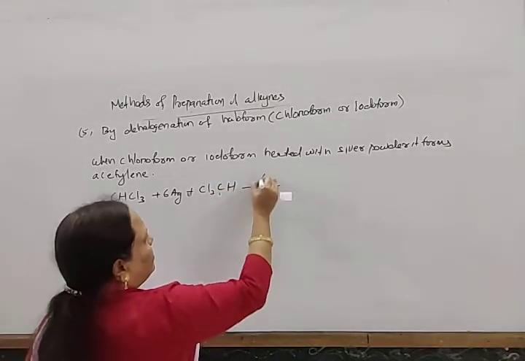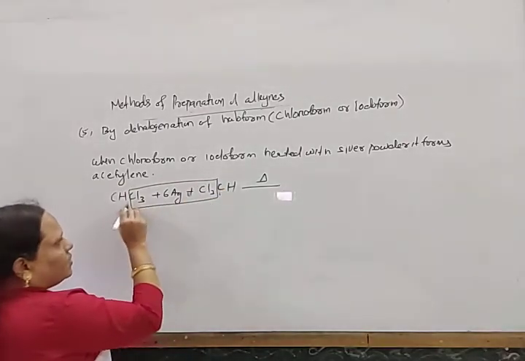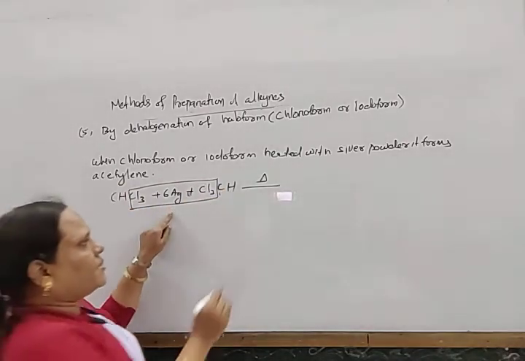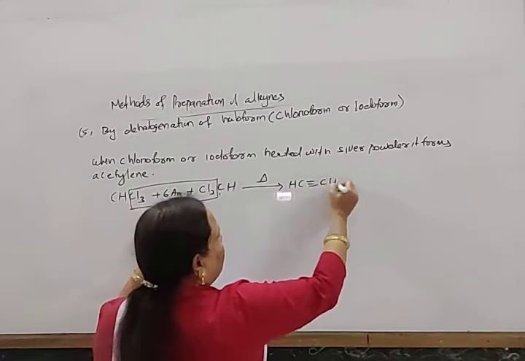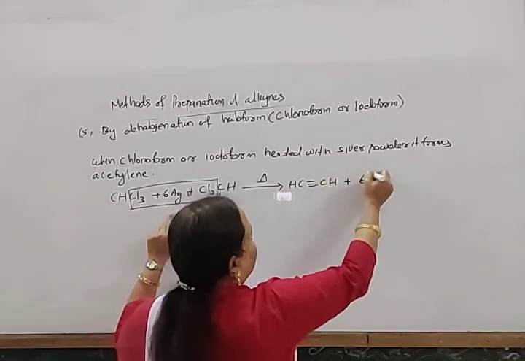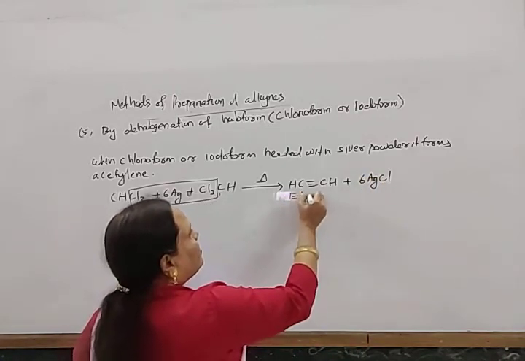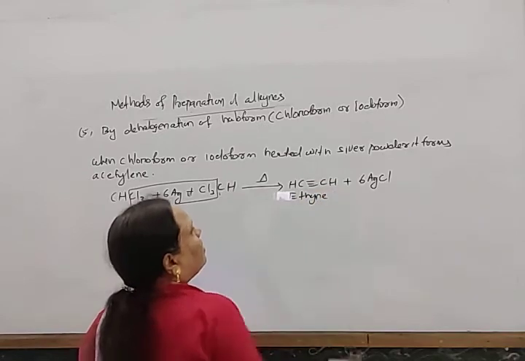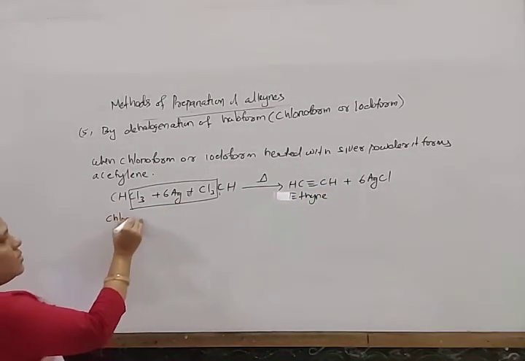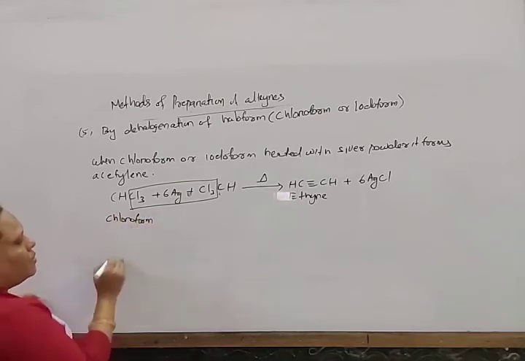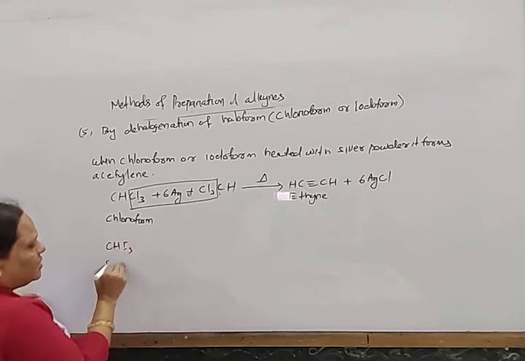When heated, silver chloride is removed as a white precipitate and it forms HC triple bond CH plus 6AgCl. This is ethyne or acetylene. But more common is iodoform, CHI3.